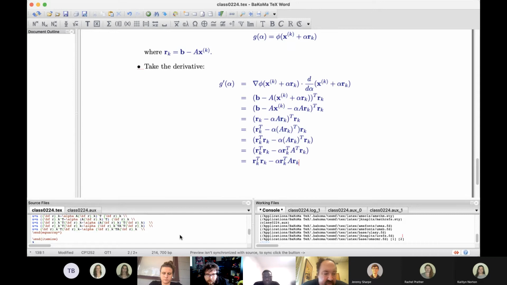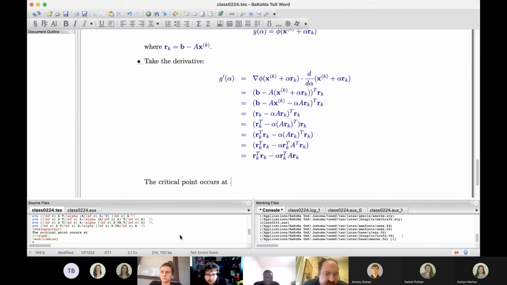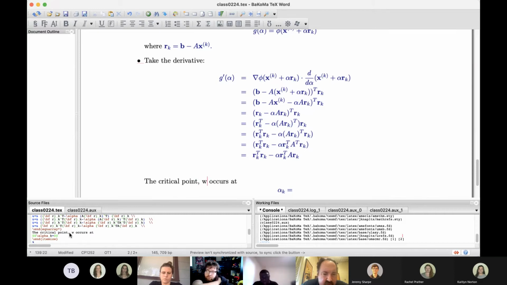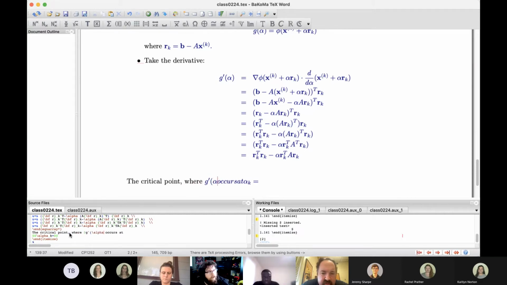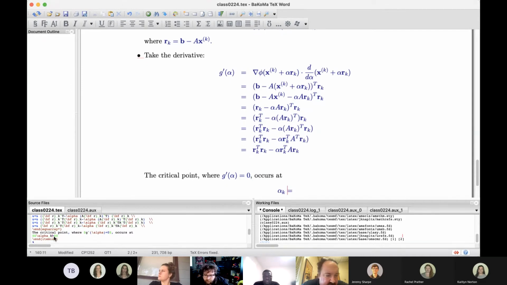So a critical point occurs at, I'll call this alpha k. That's a parameter I'm looking for. So I set this equal to 0 and solve for alpha, and just get this expression.